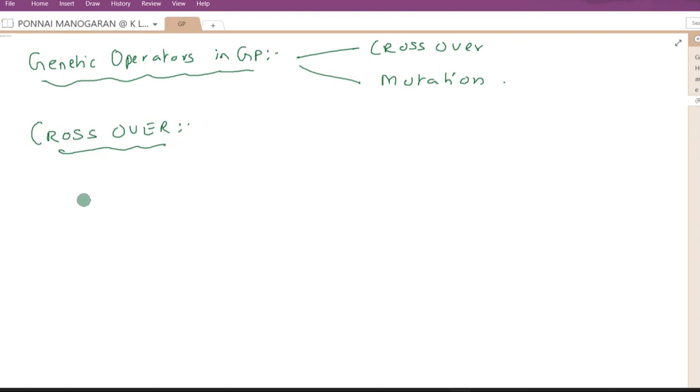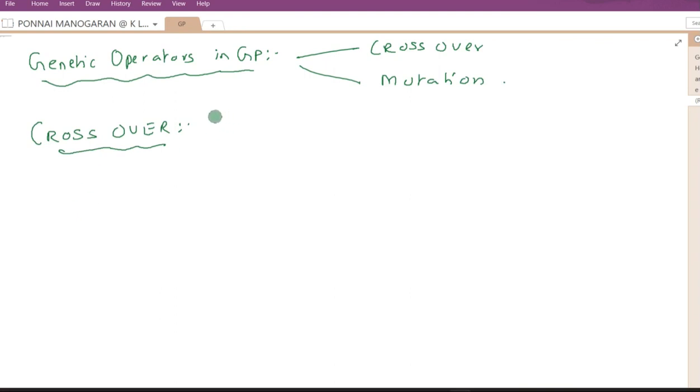Let us see. For the crossover operation to be performed, you need two programs, that means two tree representations. Let us see how we can do it.